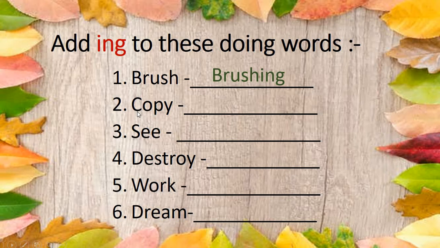Now see number 2. Copy. C-O-P-Y. Copy. Tell me now, you know this. What do I have to do? Very good, those are answering. I have to add ing. Here it is written, no? Add ing.